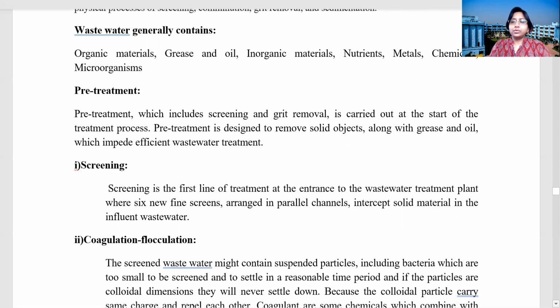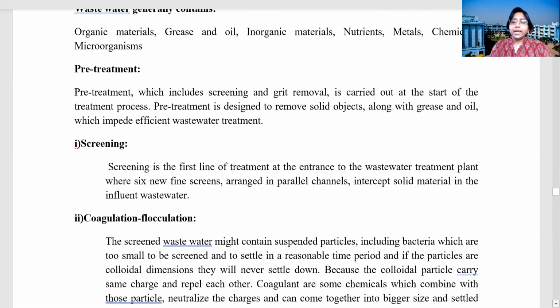The large particles will be removed by the screening process. The screens have a specific diameter. If the particle size is greater than this diameter, it will be screened out and our pure water will flow through these screens. So that is the screening process.